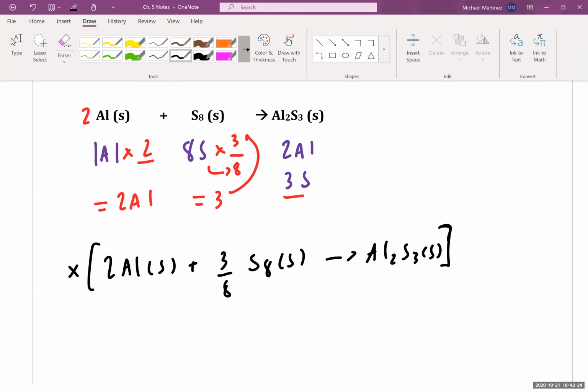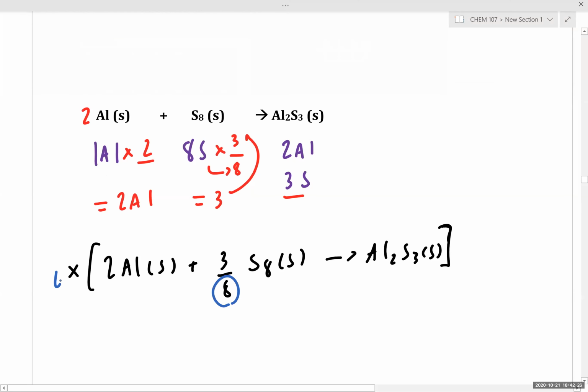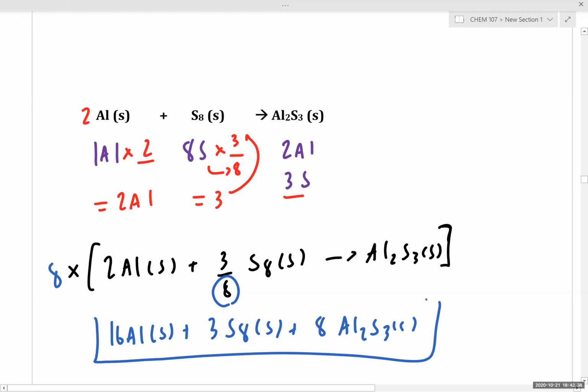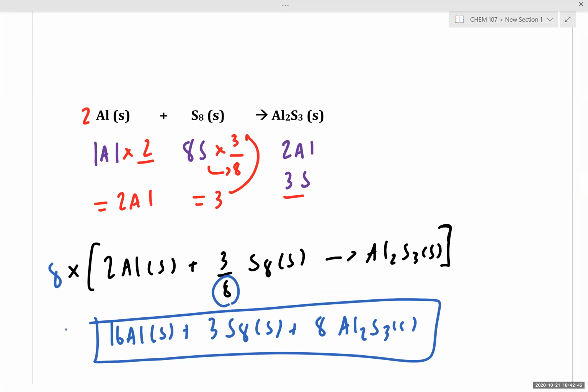And our denominator in this case is 8. So that in turn gives us 16 aluminum plus 3 S8 plus 8 aluminum sulfide. Does this example make sense to everyone?